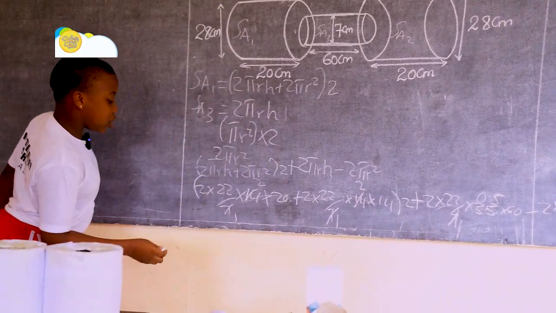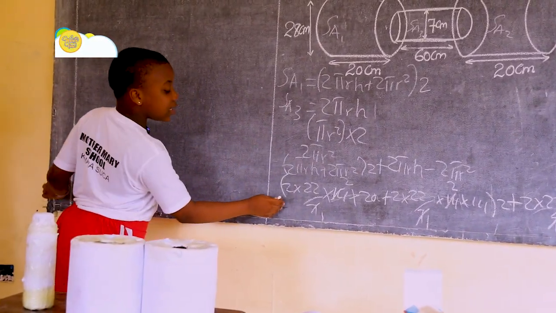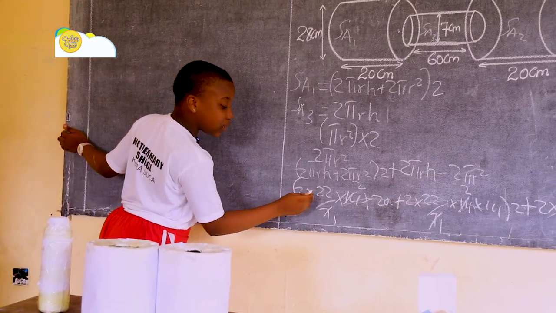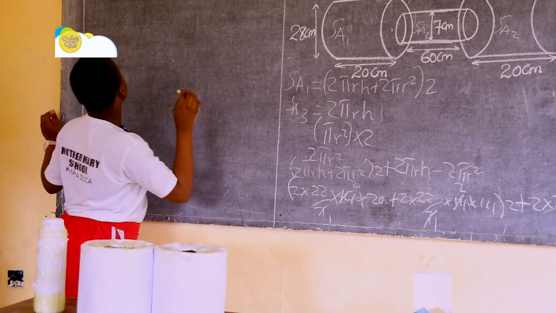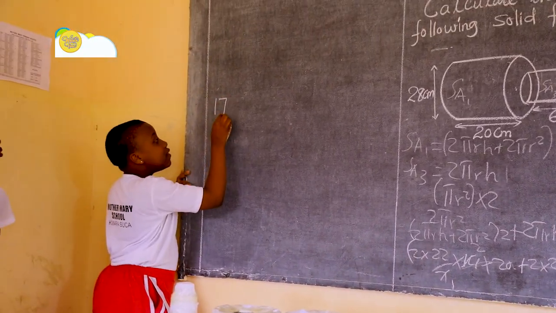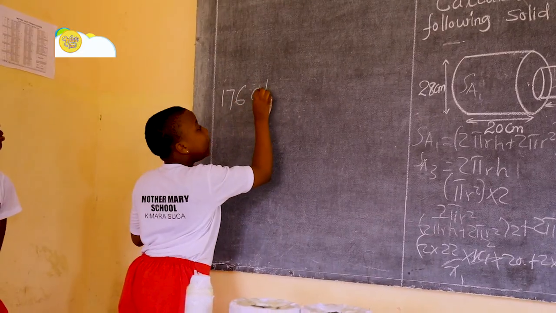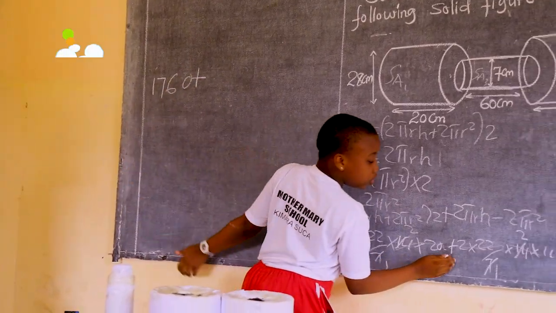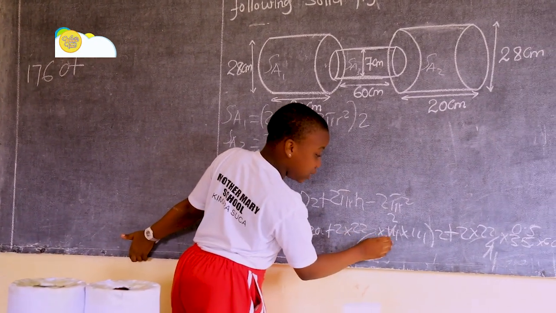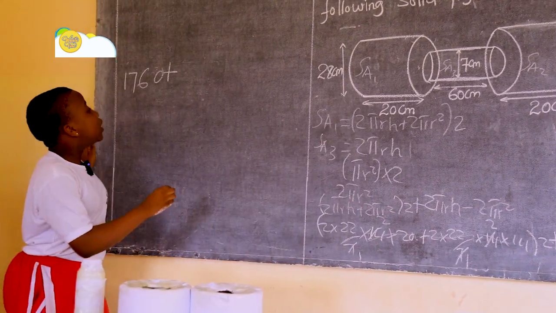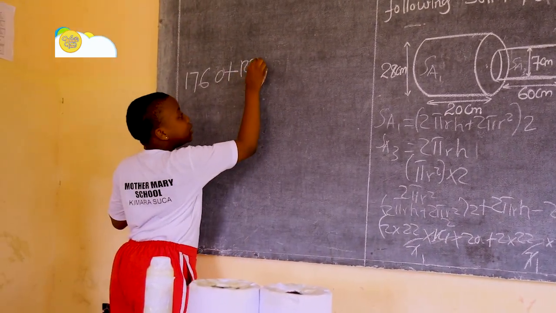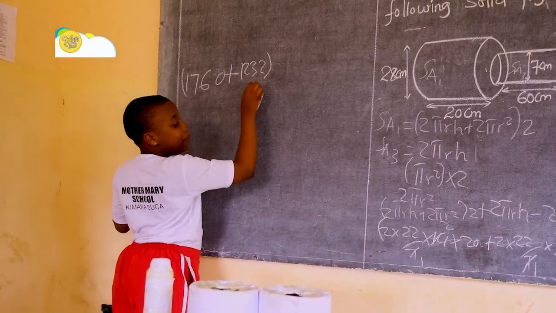We are going first to solve inside the bracket. Here, inside the bracket, we have 2 times 22 times 14, which gives 1,760, plus here also 2 times 22 times 14 times 14, which gives 1,232. Then we close our bracket.